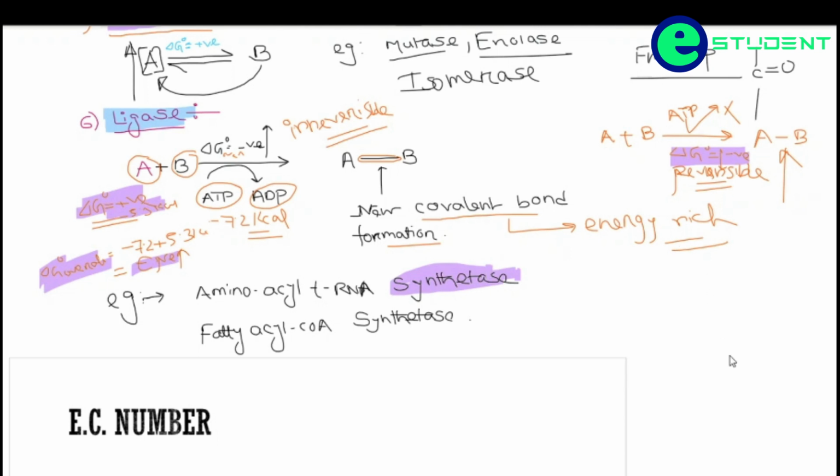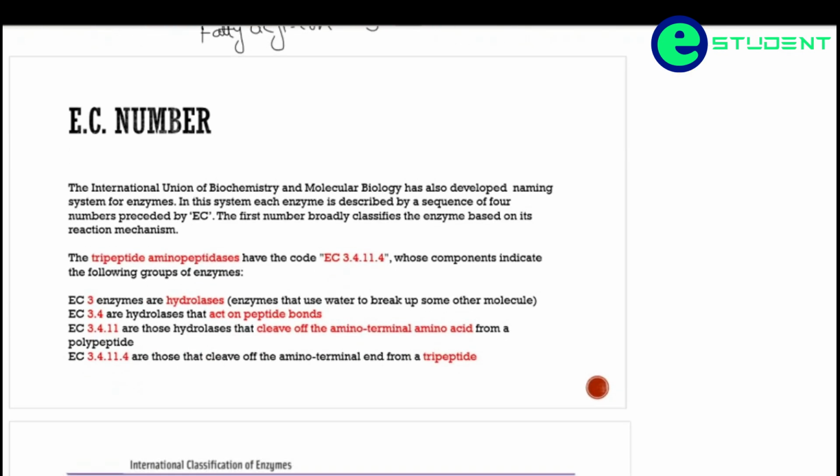Okay, now I am coming to the EC number. So what is it? The International Union of Biochemistry developed the naming of enzyme system, which is mainly known as the EC number. Here is an example: tripeptide aminopeptidase.